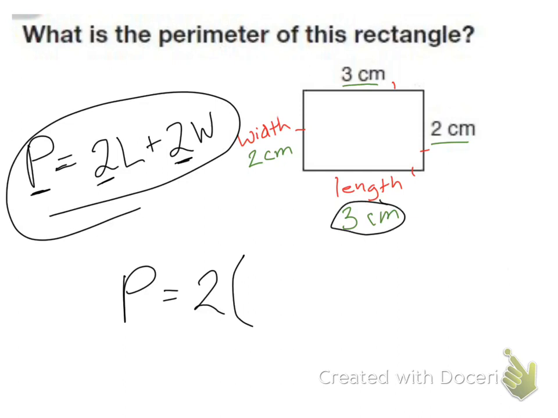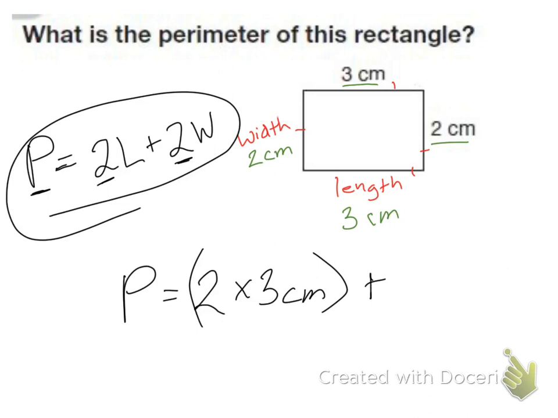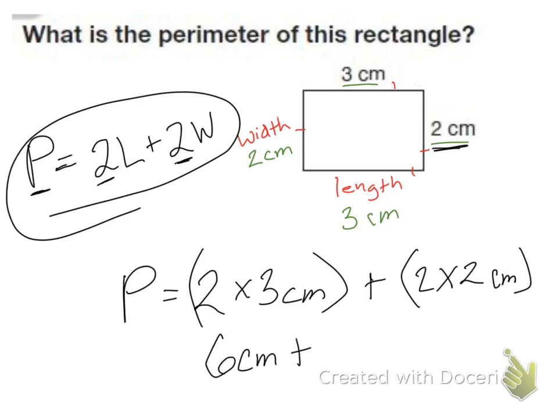My length equals 3 centimeters, so it's 2 times 3 centimeters, plus 2 times the width, which is 2 centimeters. 2 times 3 centimeters equals 6 centimeters, and 2 times 2 centimeters is 4 centimeters. 6 plus 4 equals 10 centimeters. So it works either way. Sometimes it's easier to multiply first instead of adding all the numbers.